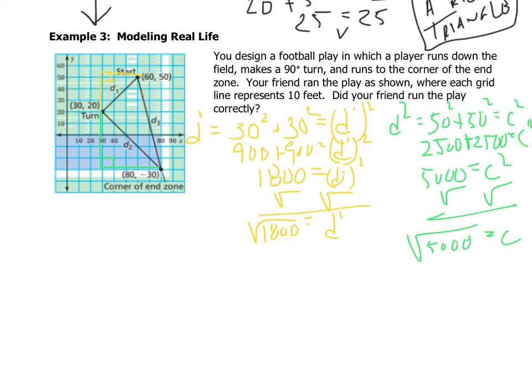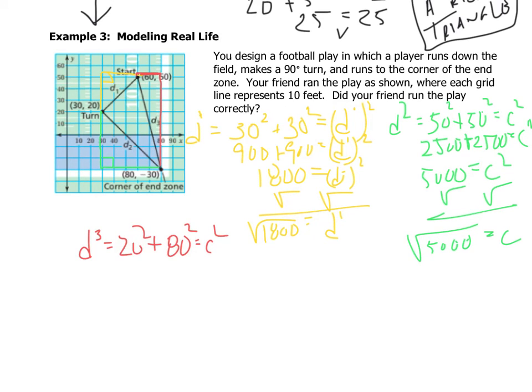And then lastly, we need this D3. So for D3, I'm going to create another right triangle because I can't count that. I would go over 2, which is 20, and I'm going to come down 1, 2, 3, 4, 5, 6, 7, 8, which is 80. So for D3, 20 squared plus 80 squared equals c squared.